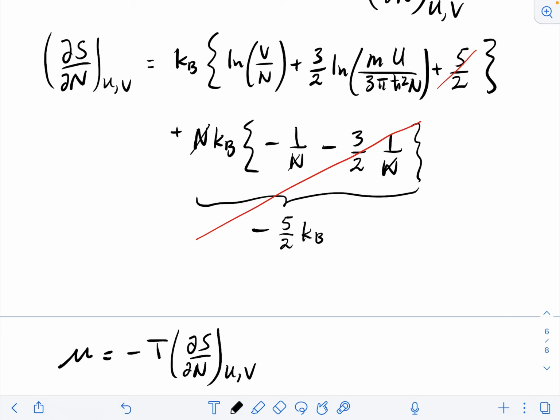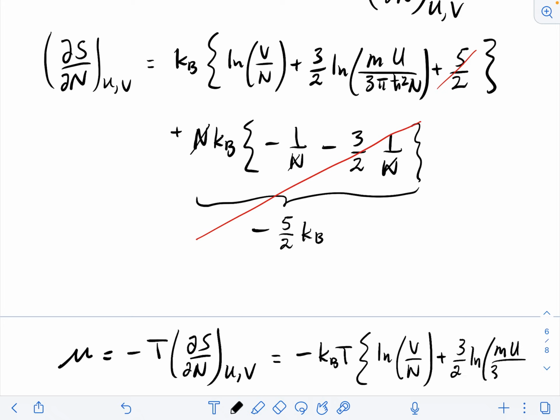And so what we're going to be left with is minus kBT, and then we have ln V over n plus 3/2 ln mu over 3 pi h bar squared n.